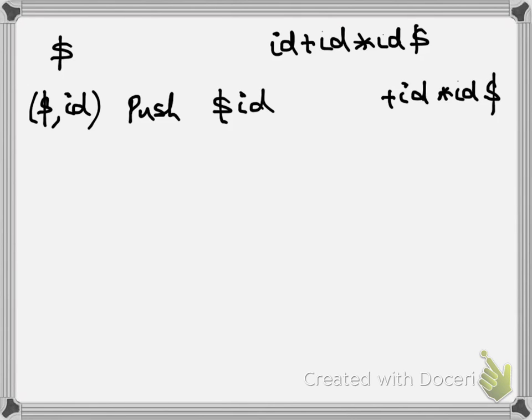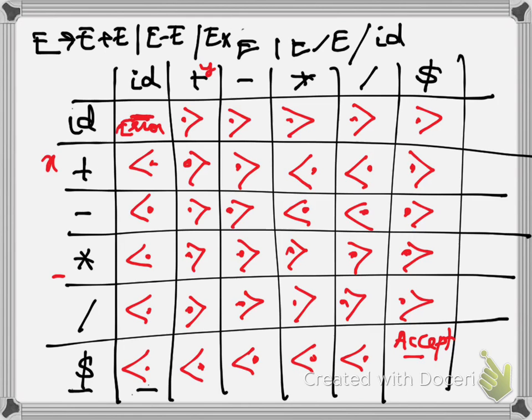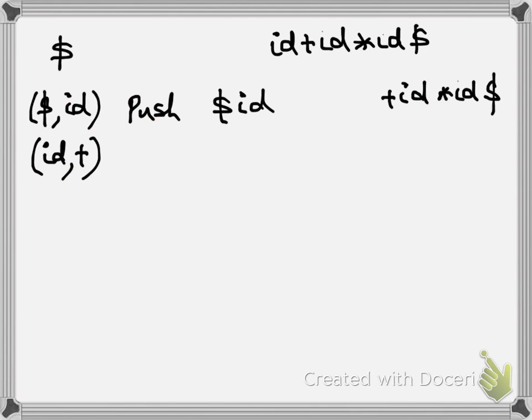Okay. Next, the element at the top of the stack is id. The next input element is plus. So id and plus, this is nothing but id is greater than plus. If you see, id is greater than plus. So what will we do? We will reduce or pop.